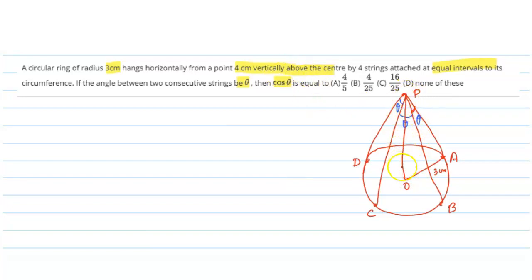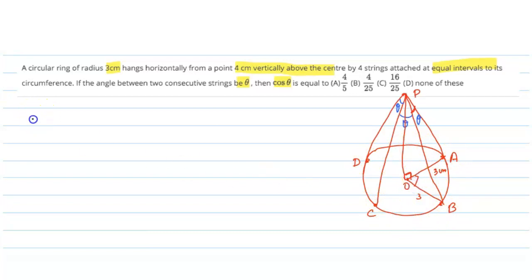So OP will be perpendicular to OA. So this angle will be 90 degree. OB, if I am connecting, OB is also radius, which is 3 centimeter, and arc AB is equal to arc BC. All arcs are same, so this angle will be 90 degree.